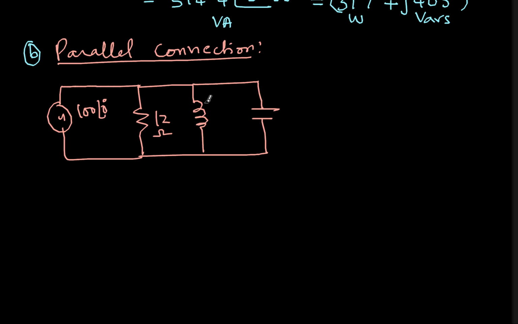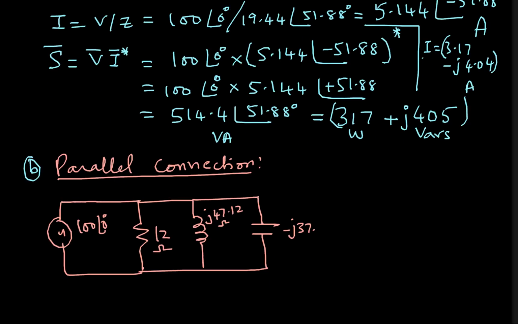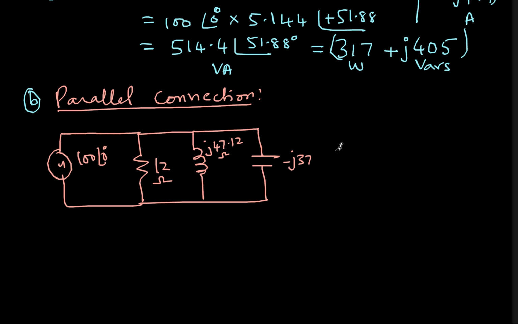So this will be J 47.12 ohms and then minus J 31.83. The only thing is now they are connected in parallel. So I can individually find the currents here.